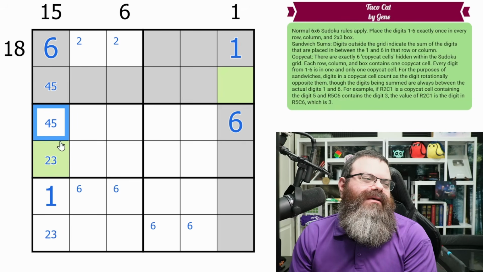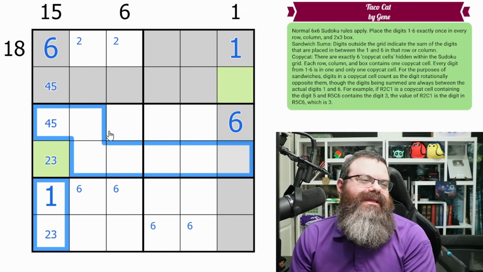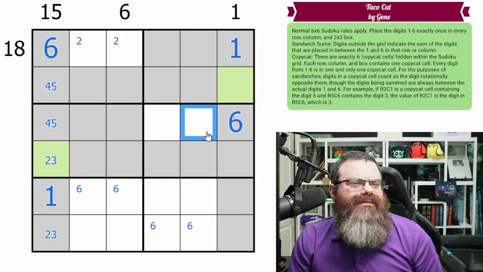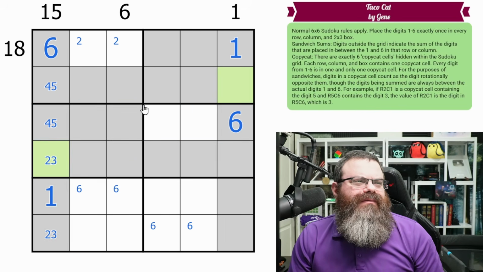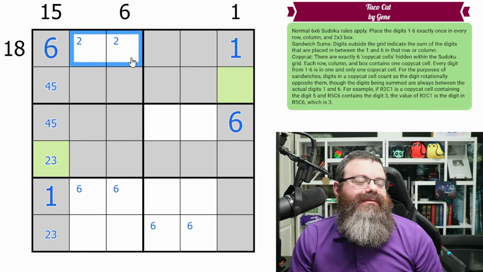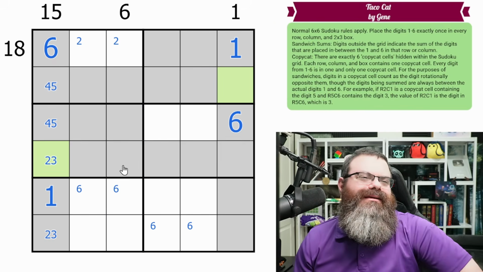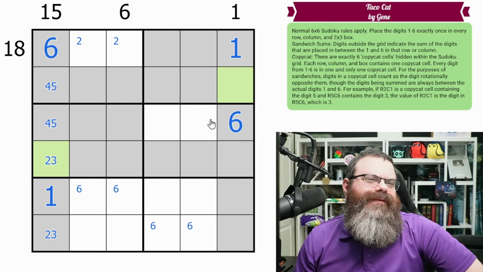Yes. Okay, so this row, this column, and this box are all gray. Okay, getting there. So we just have this 6. Is there anything else to look at here? So we don't really care what goes in this copycat.